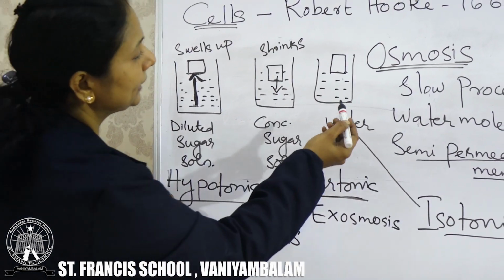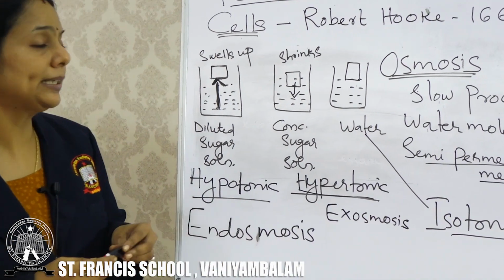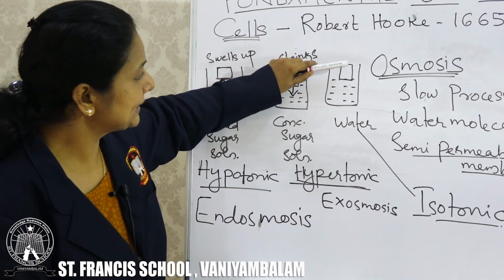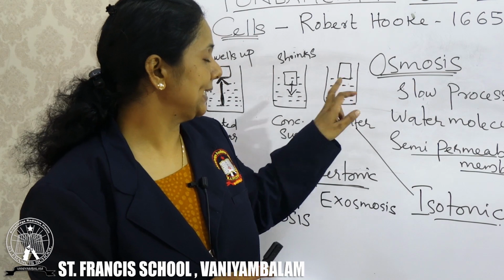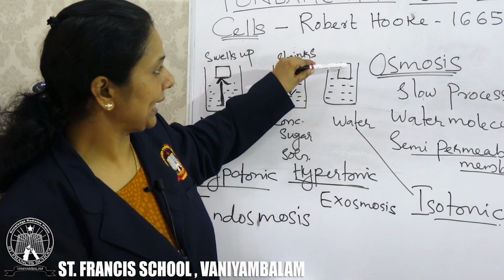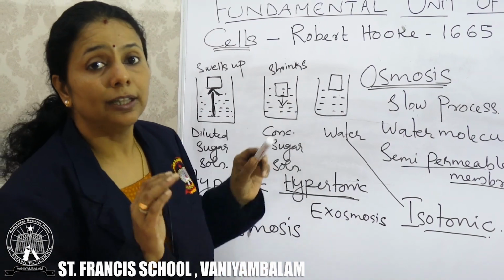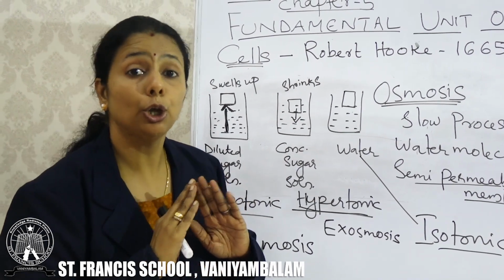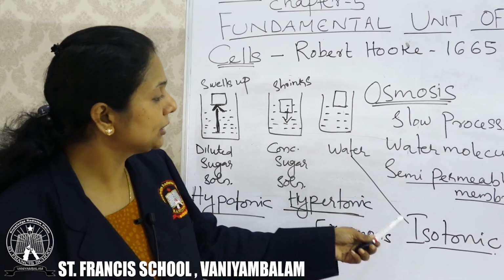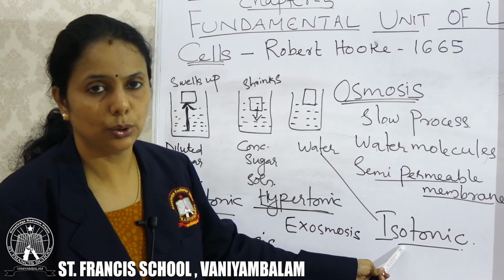And in the third solution, the water content is the same inside the cell and in the medium. Clear? Now what happens? There will be no movement of water, and such a solution is called isotonic solution.